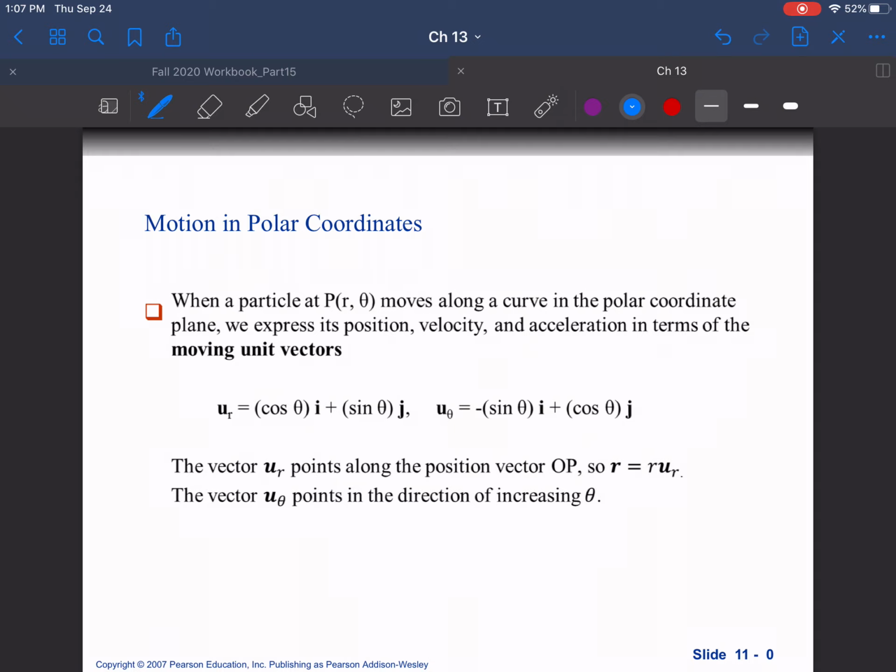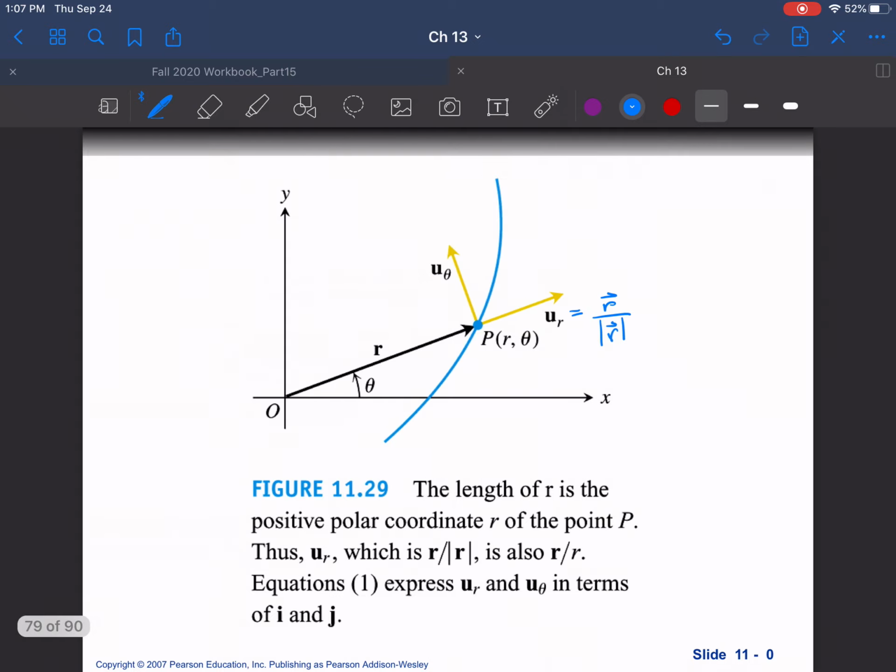For example, if we're looking back here on this curve, if we make this into a triangle, this is our cosine theta, this is our sine theta, and if we make that a unit vector, so it's a 1, then this is just cosine theta and sine theta, and when you add those two vectors together, you get that unit vector right there.